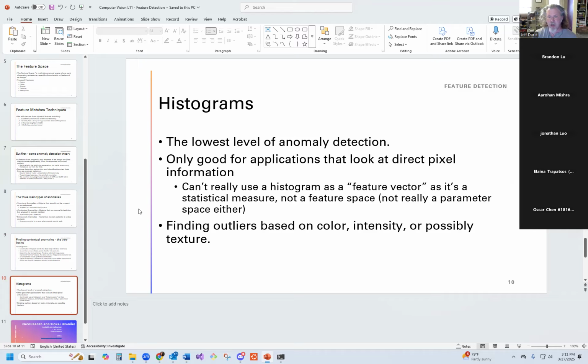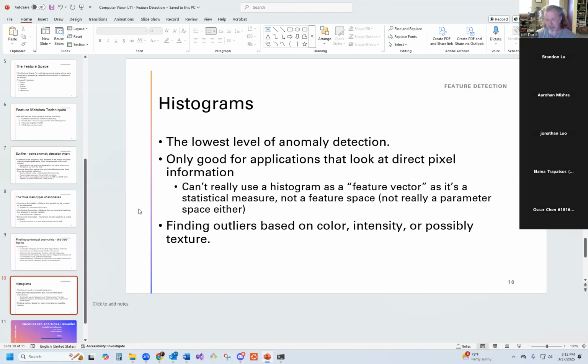And so this is only really good for looking directly at information inside pixels because you can't really build a normal distribution of features from features in a parameter space, and definitely not from a feature space. What that means is that a histogram isn't really a parameter space or a feature space, and it's not really a feature vector. It's just a statistical measure of the image as a whole.